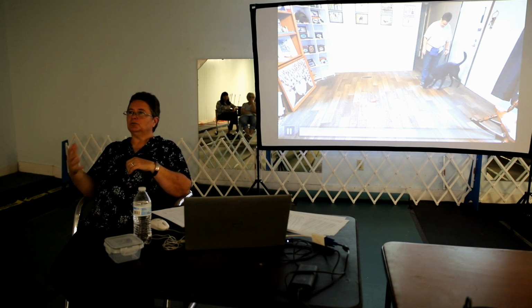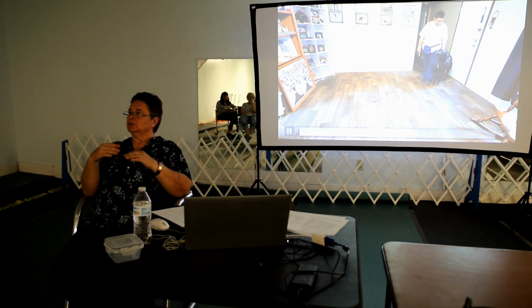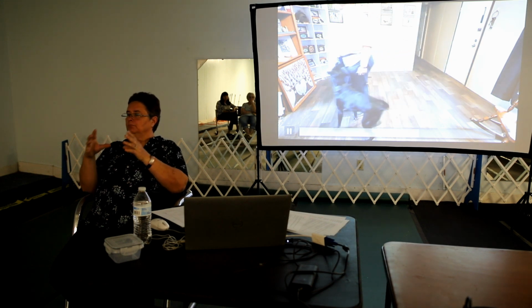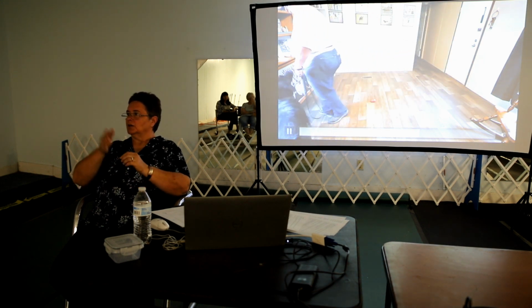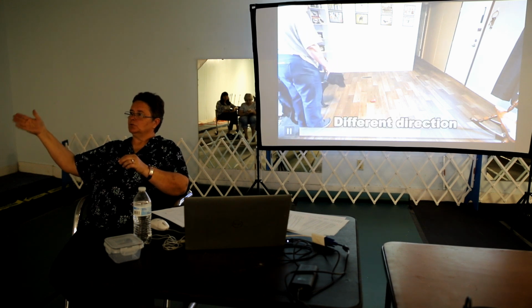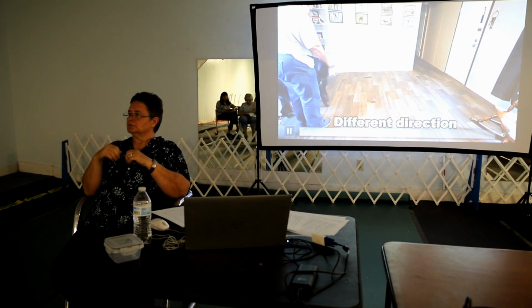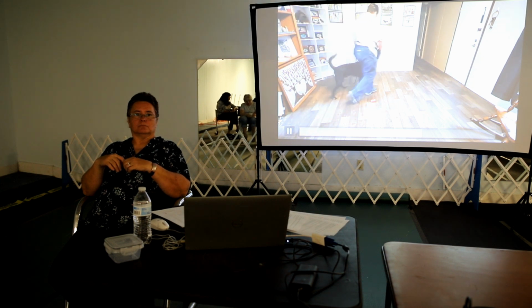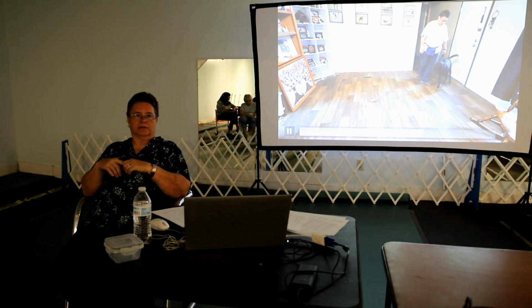So whatever your cue is, you want to add the cue after you get the behavior you want, so that the cue means the behavior you want and not all of the training steps up to the behavior you want. So basically they have to understand what they're doing before they put the cue on the behavior. Right.